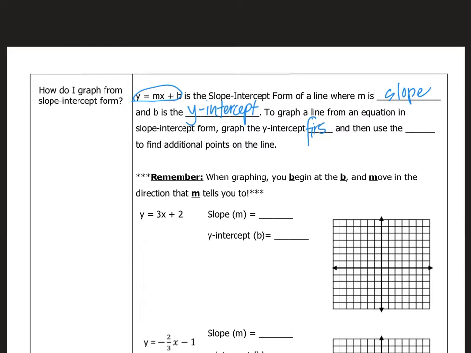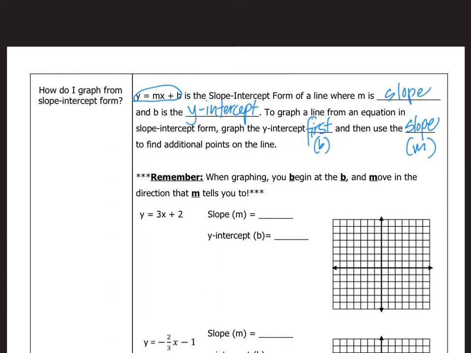So we're going to graph the b first, and then use the slope, and that's m, to find additional points on the line. Remember, when graphing, you begin at b and move, which is m, in the direction that m tells you.